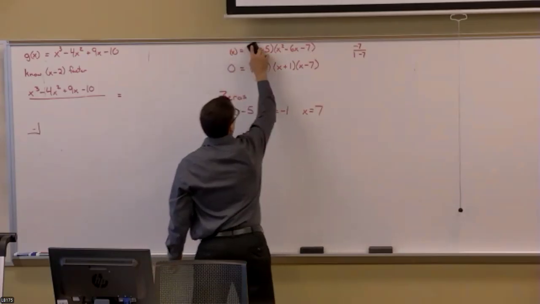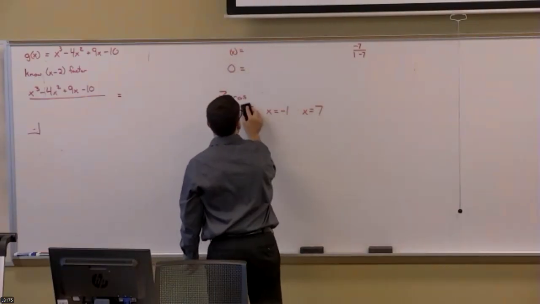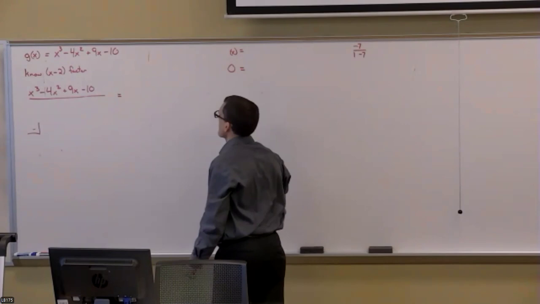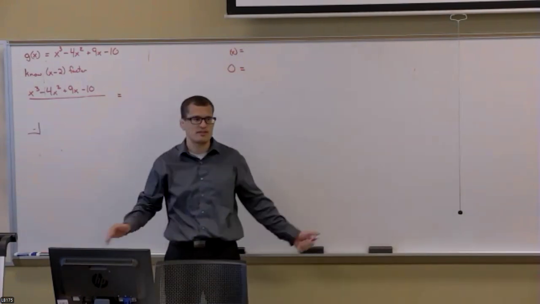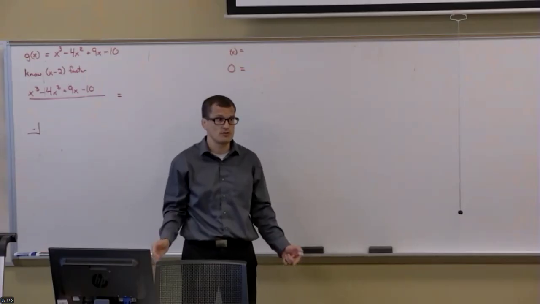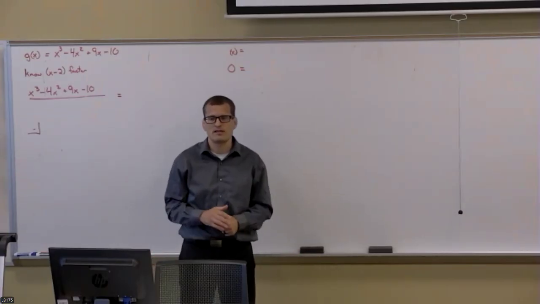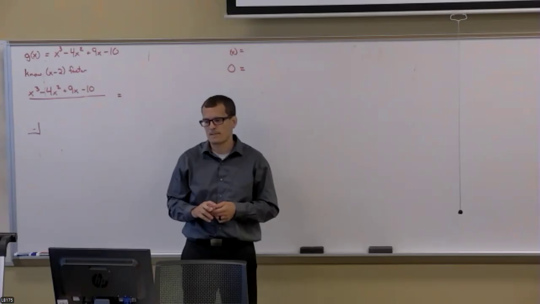So we're trying to find zeros, and we know that x minus 2 is a factor. By the way, that's the same thing as saying x equals 2. X is equal to 2 is a 0, right?